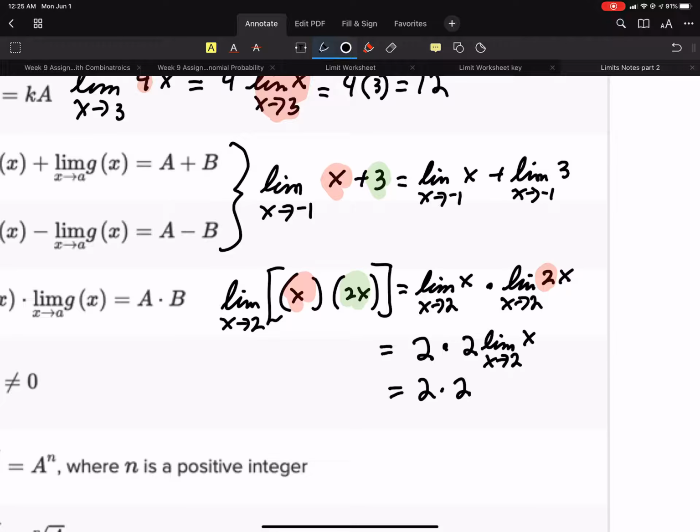Well, the limit of x as x approaches 2 is going to be 2. So that answer is just going to be 8. So that's using the product rule. If you have a limit of a product, it's the product of the individual limits. So that's your next rule.